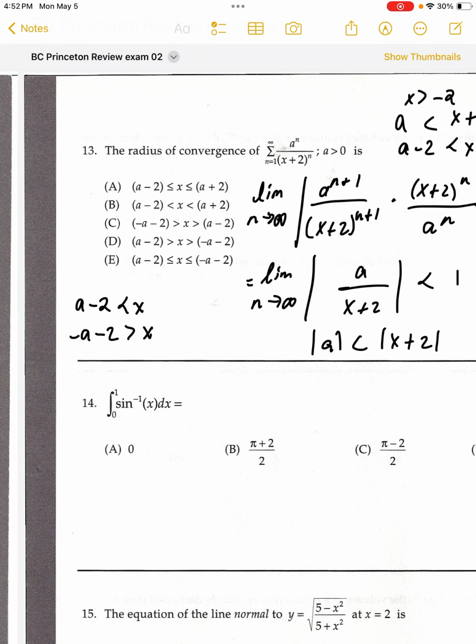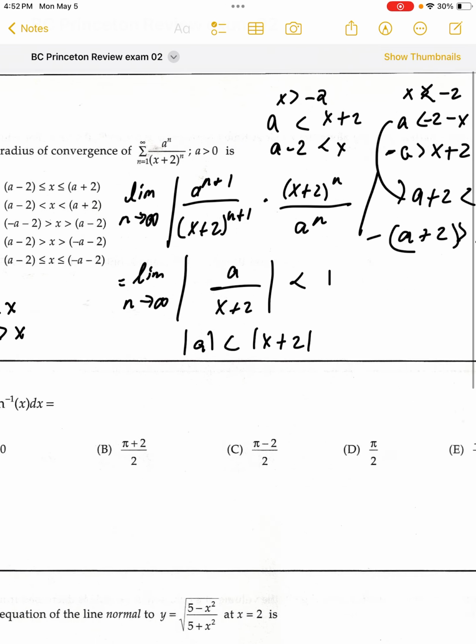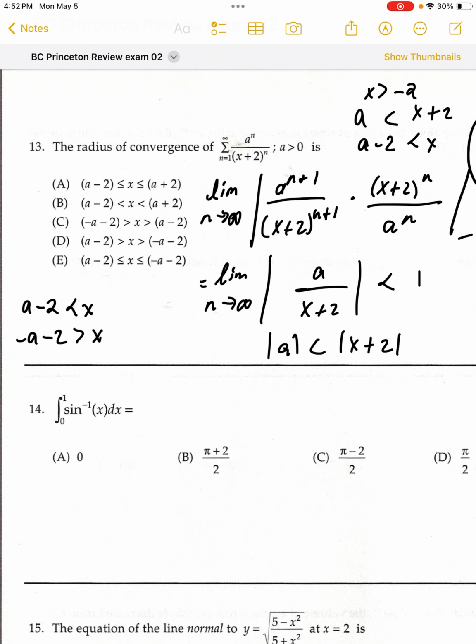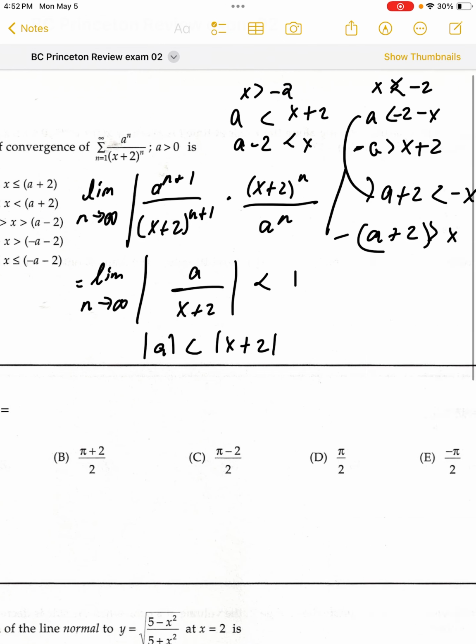So that's your bounds right there. Those are your bounds. And what it looks like is this compound inequality corresponds to option D. And we're done with that problem.